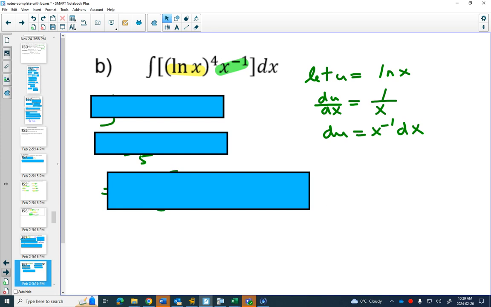So I take that setup and I substitute everything back in. Now I have u to the 4 du. Because the u replaced the ln x. The du replaced the x to the minus 1 and the dx.